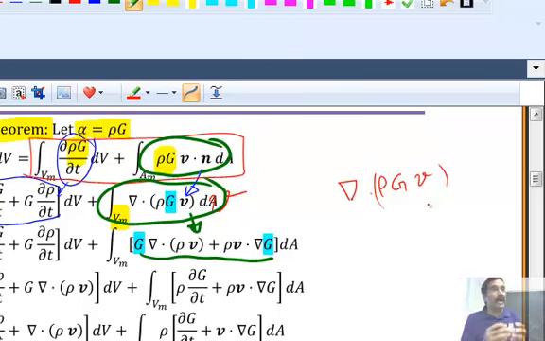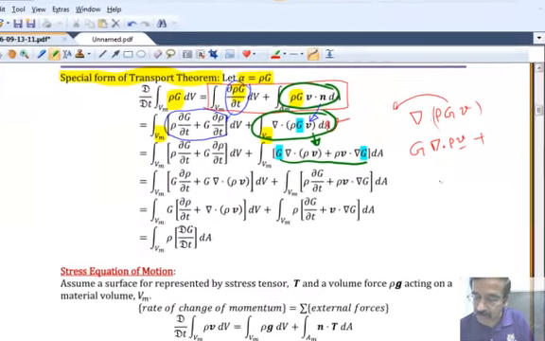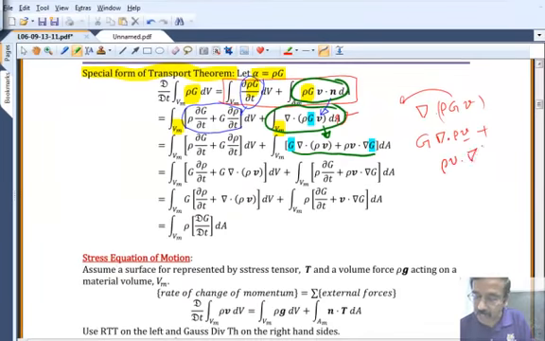I can actually expand each one of them applying chain rule. If you have doubts in that, please ask me, and you should feel comfortable going to index notation, expanding it, and coming back. Here I'm taking g out first. So g, then I have del dot rho v, plus I'm keeping g inside but taking rho v outside. So rho v dot del g.